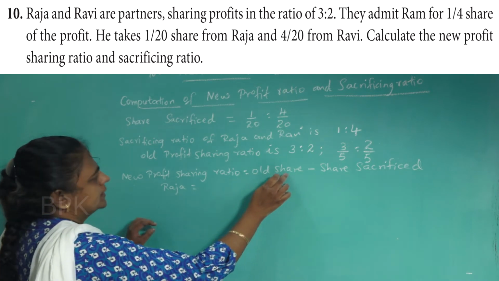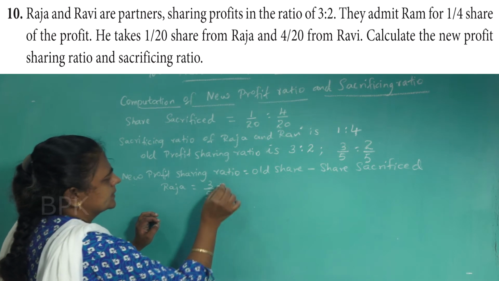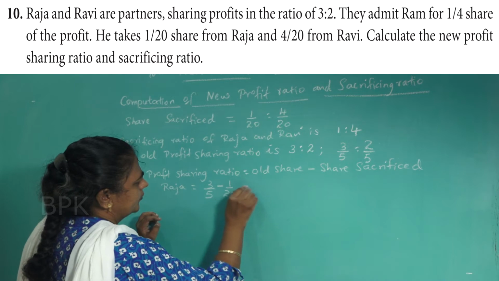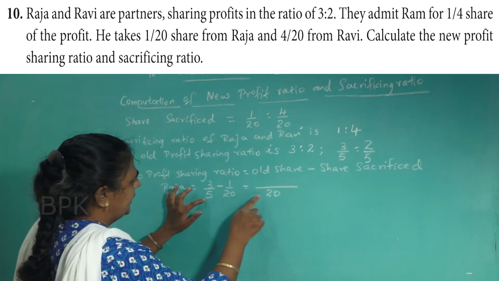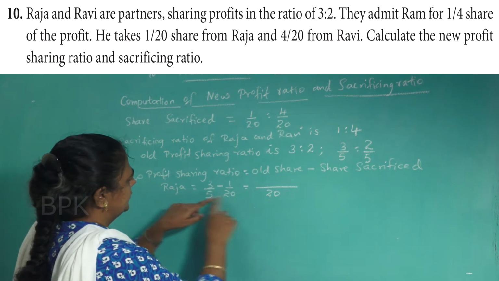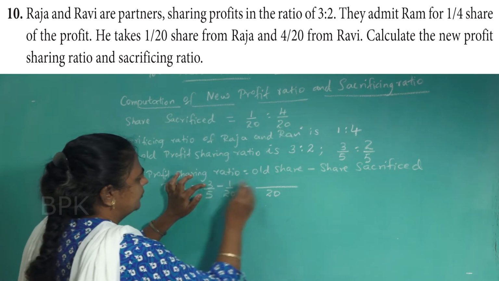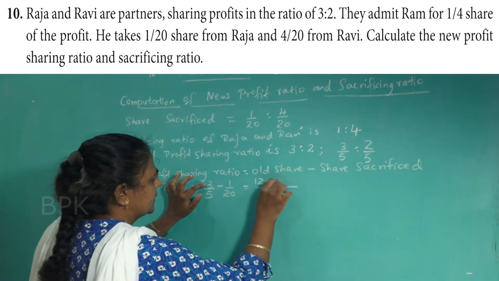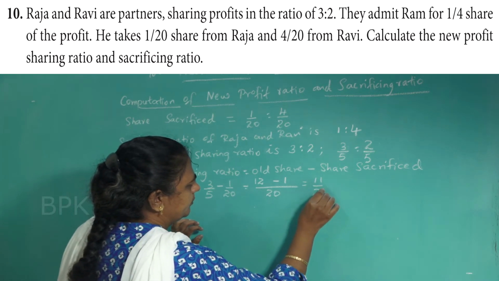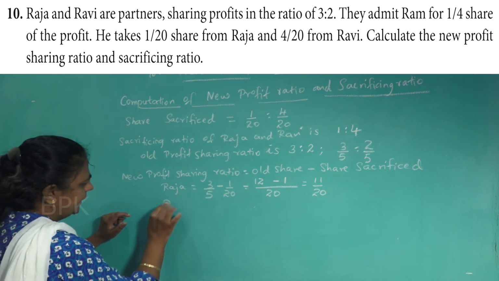Old share of Raja is 3/5 minus share sacrificed, 1/20. So the denominator greater is 20. 5, how many times will it go? 4 times. 4 into 3, 12, minus 1, that will give you 11/20. That is Raja.